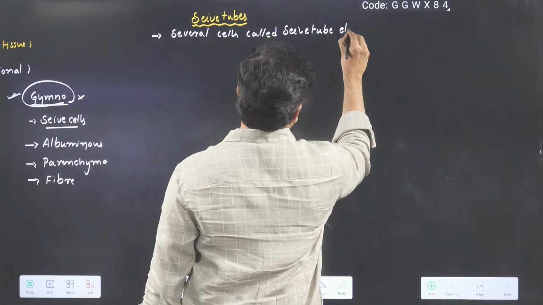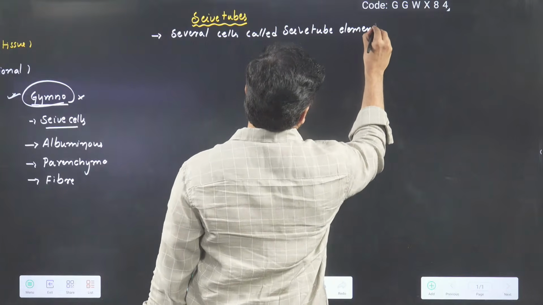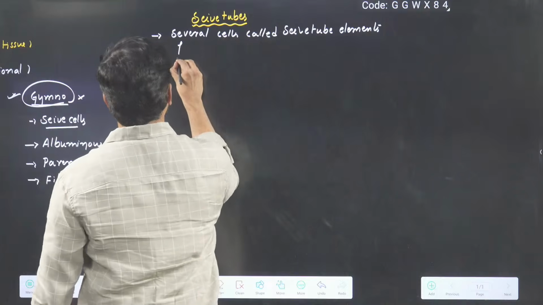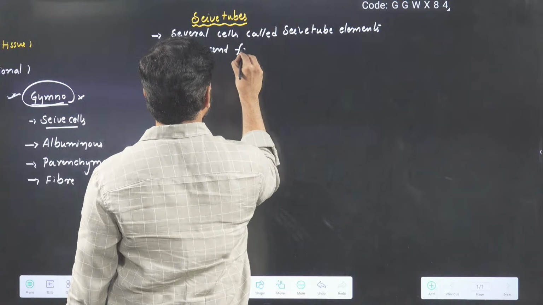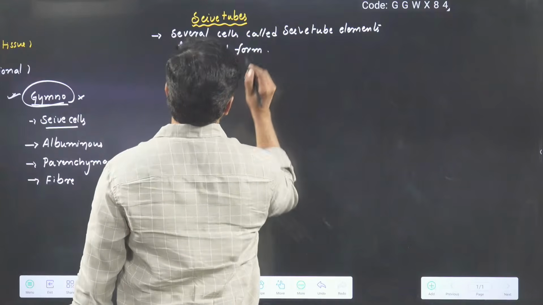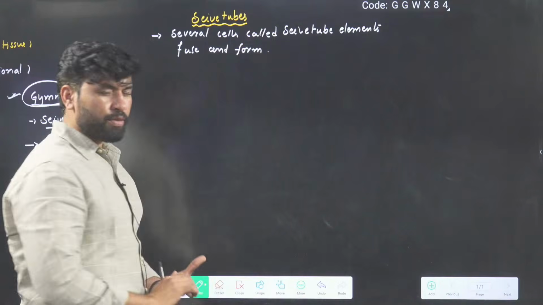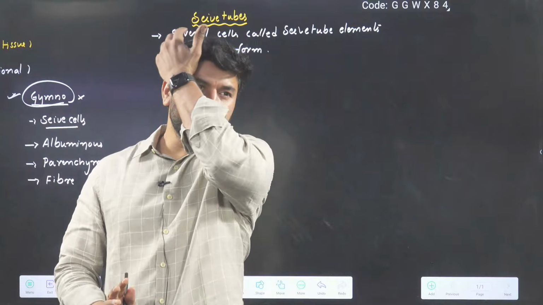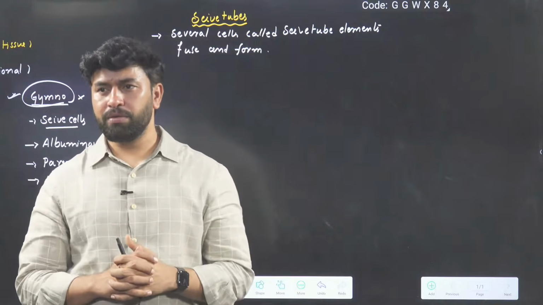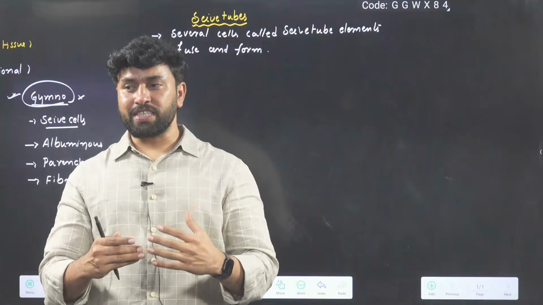Sieve tube elements fuse and form sieve tubes. Sieve tube is not a single cell. I think you remember the same word I gave you when we were talking about vessels.